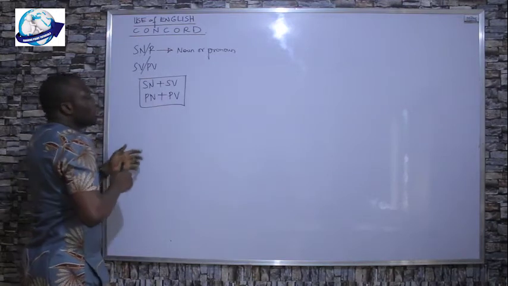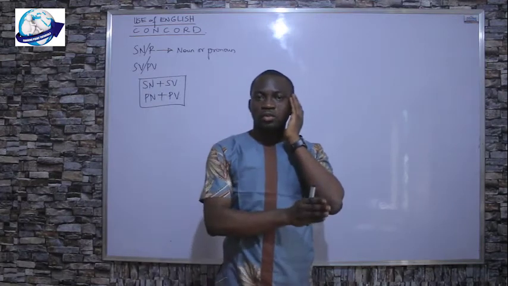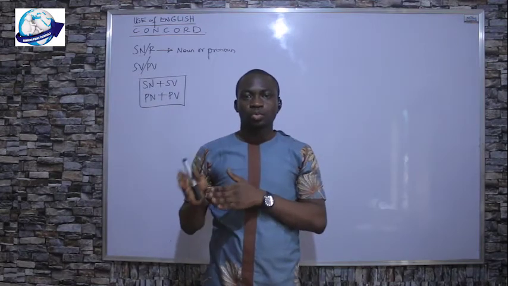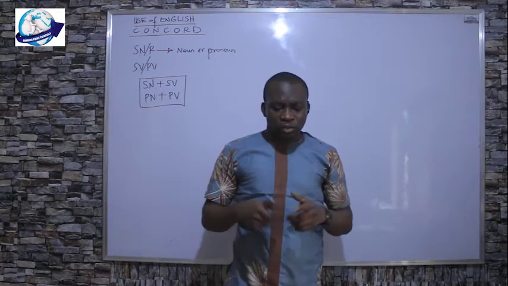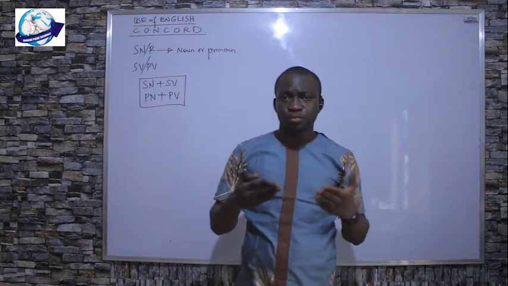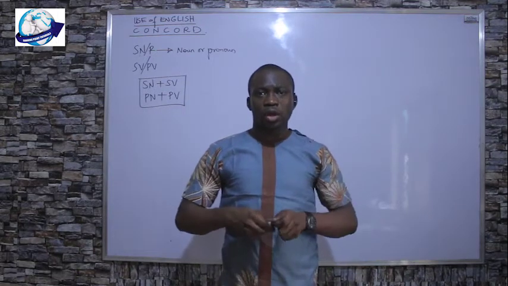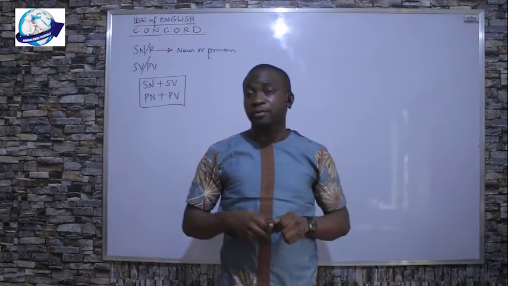Okay, so now it means that if you have a plural subject in a sentence, it should be followed by a plural verb. Now what I'm trying to say is this: let's take some little facts, and then we'll see it before we kick off into the types of Concord we have.